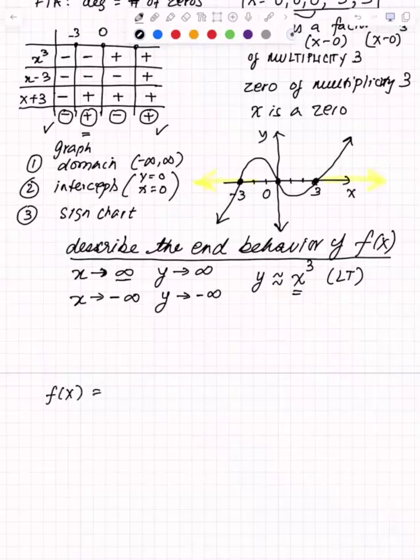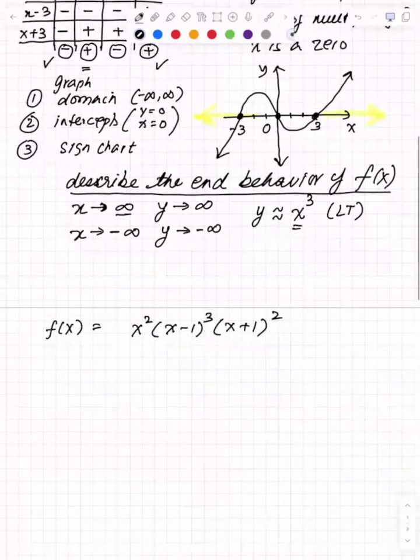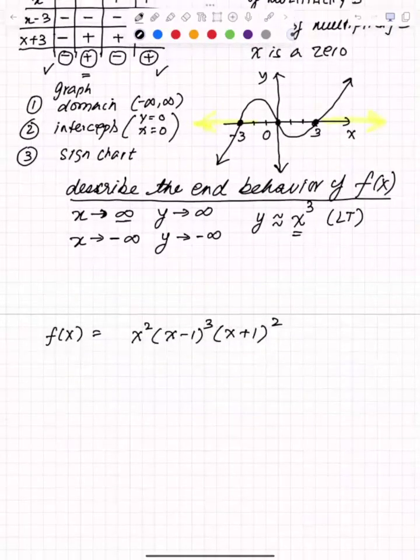Say f of x is equal to, I won't do something crazy, x squared times (x minus 1) cubed times (x plus 1) squared. And I say sketch this graph. So we could actually just sketch it directly, right?